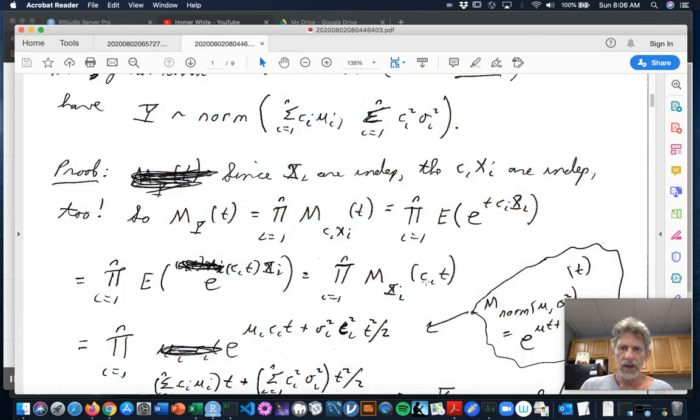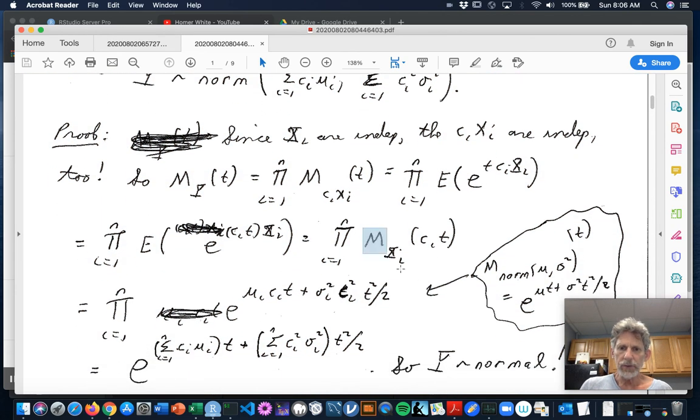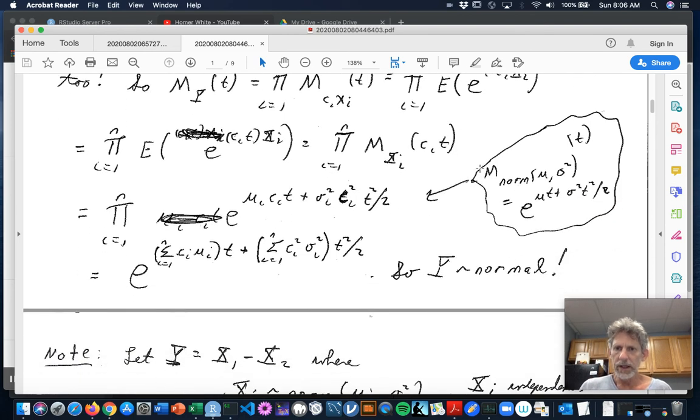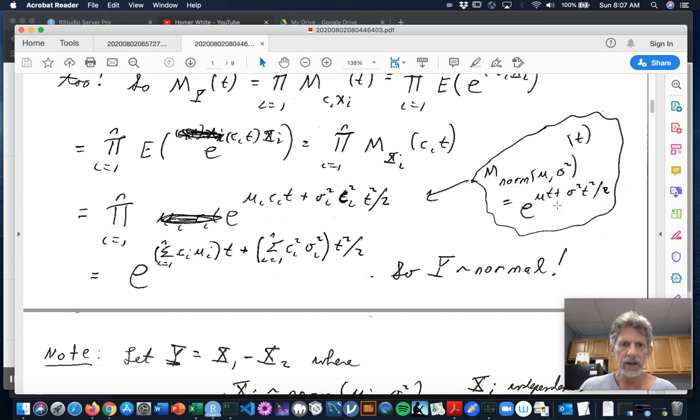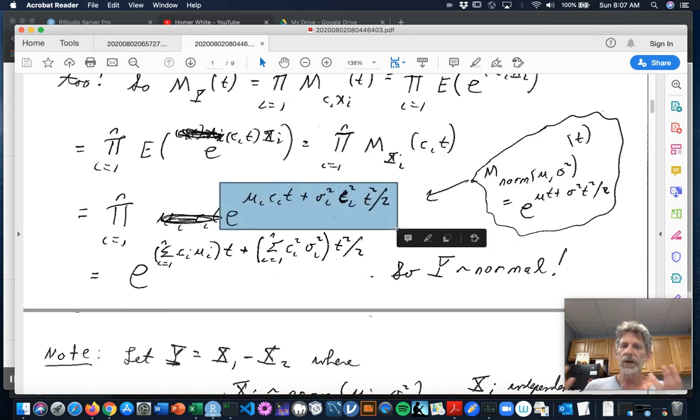Now, I know the moment generating function for Xi because Xi is normal. The moment generating function for normal mu sigma squared is e to the mu t plus sigma squared t squared over 2. That's all in the power of e. So I just jot down the moment generating function for the Xi at cit.